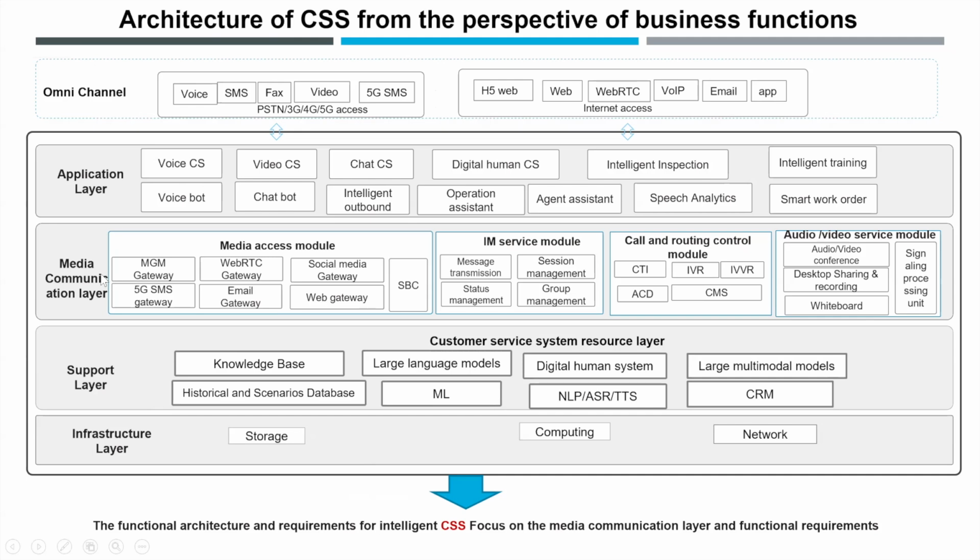This is the media communication layer, which mainly processes media access, short message sending, core and routing control, and the audio and video service. Above this is the application layer, which can be deployed on our mobile phone or on the website, so that the user can access the customer service systems through the application layer.